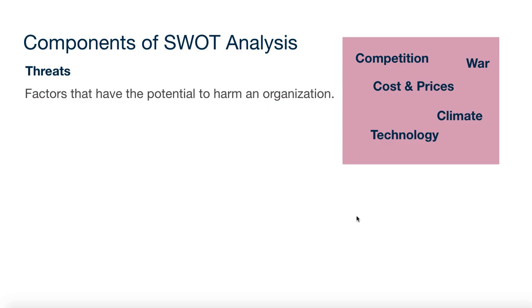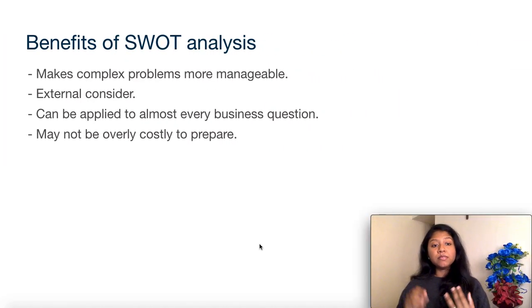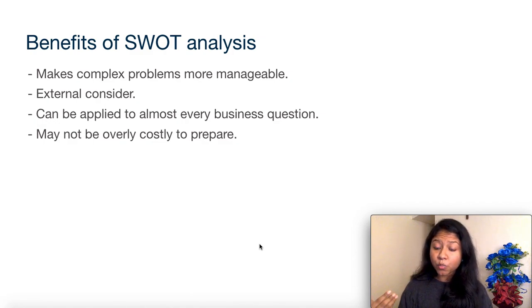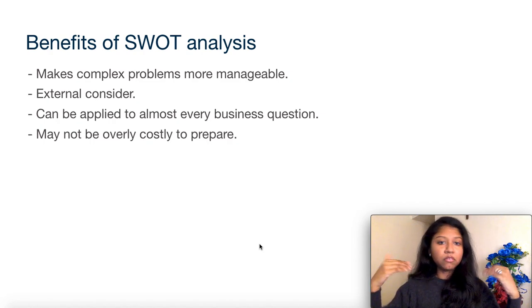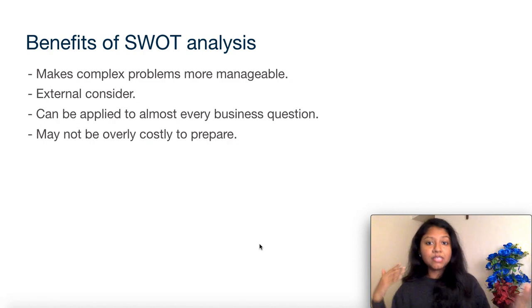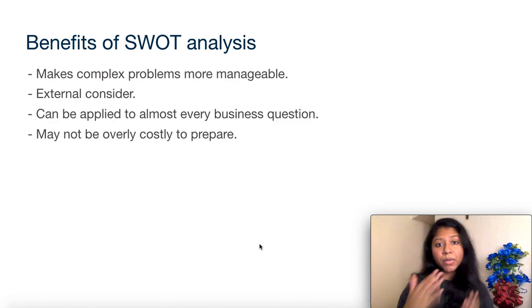So the SWOT analysis is done, which makes complex problems more manageable. Let's say a business wants to look at where it stands now, how it is doing against the external competitors, or what they need to focus on next. So usually you need to look into different data sources, collect data to understand what are the organization's strengths, weaknesses, threats.